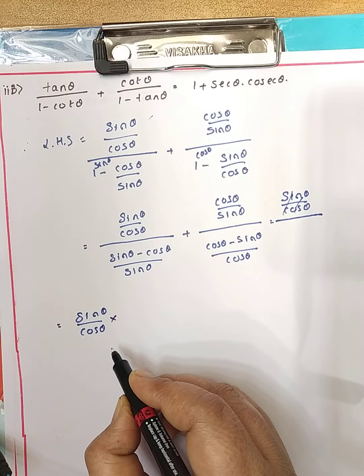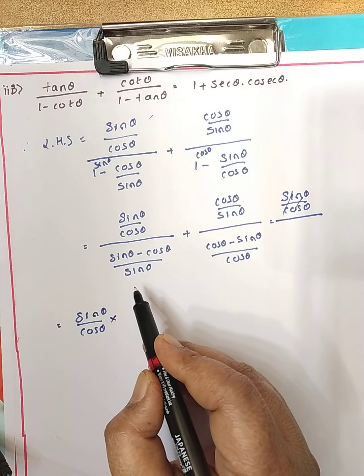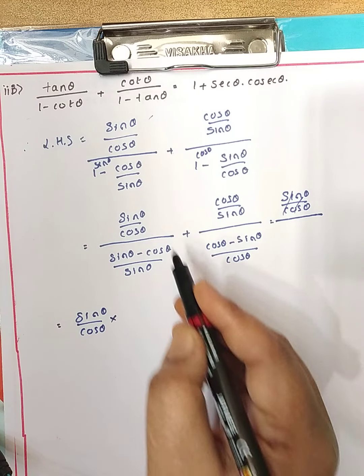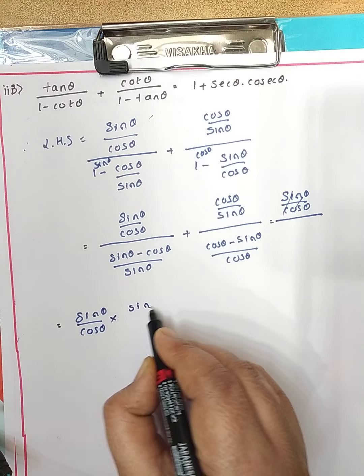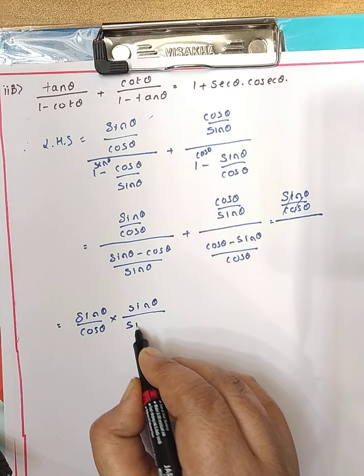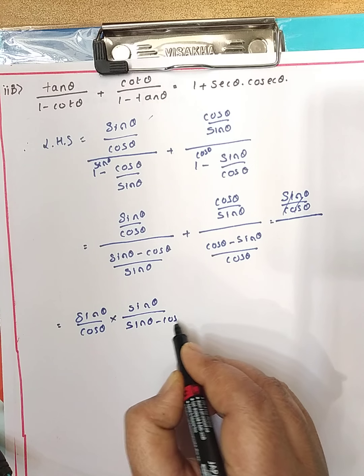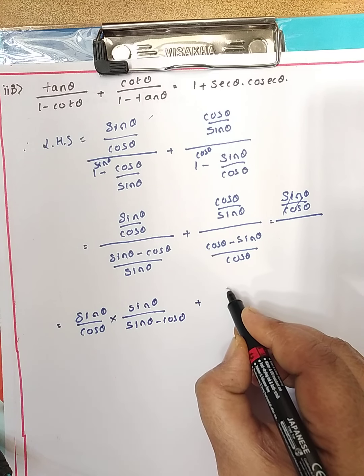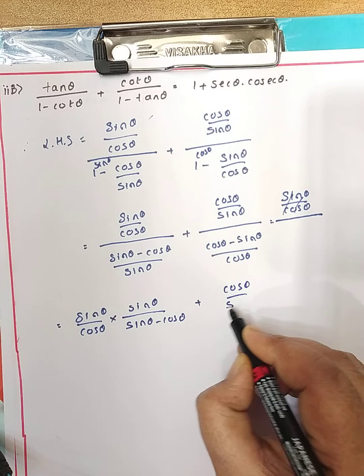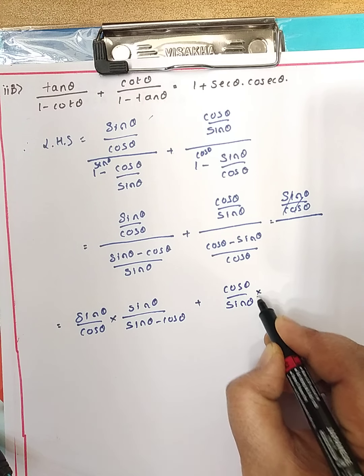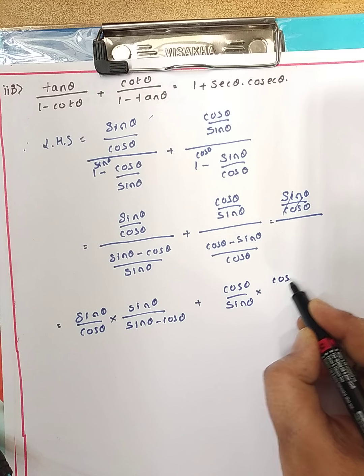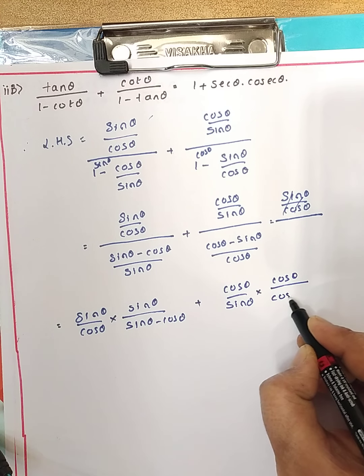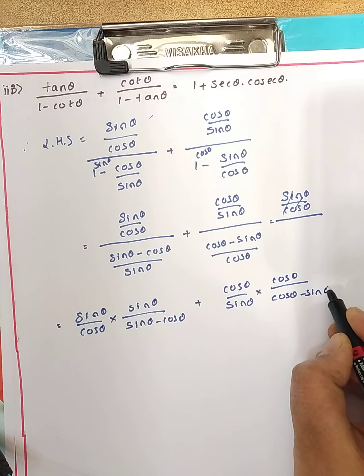Now multiply. Then what happens: the denominator, when it goes to the numerator, becomes sin theta upon sin theta minus cos theta plus cos theta by sin theta, and this one, cos theta, goes to the numerator, that is cos theta minus sin theta.